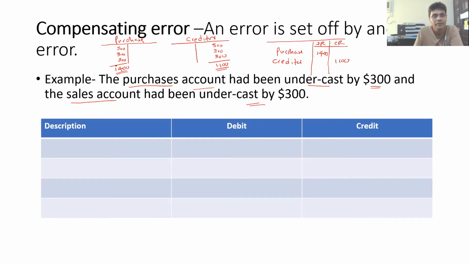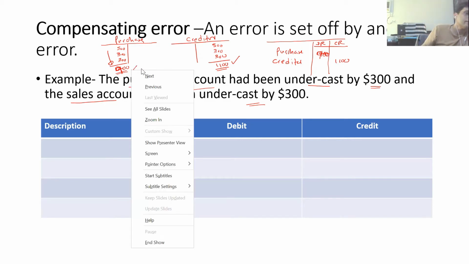So what has happened? Sorry, we will take undercast, so we'll take this as 900. Okay, what has happened? When you take the total of purchase account, instead of 1100, what you have done? You have taken the total as 900.